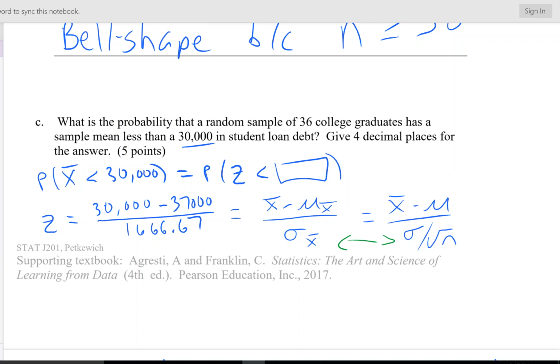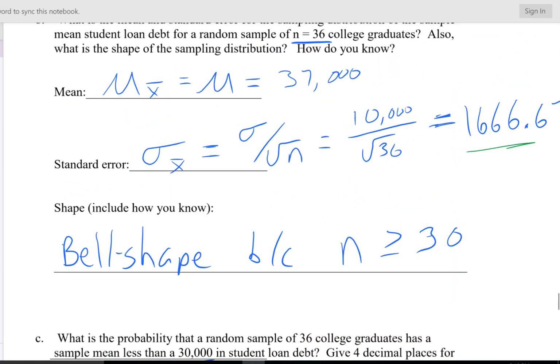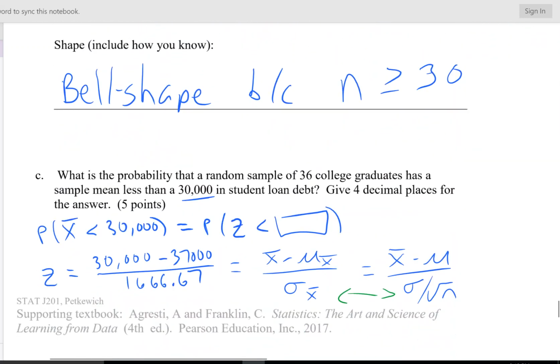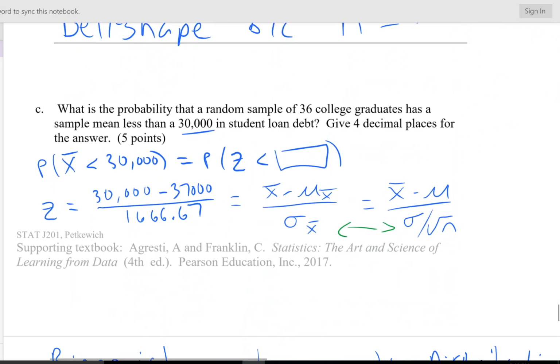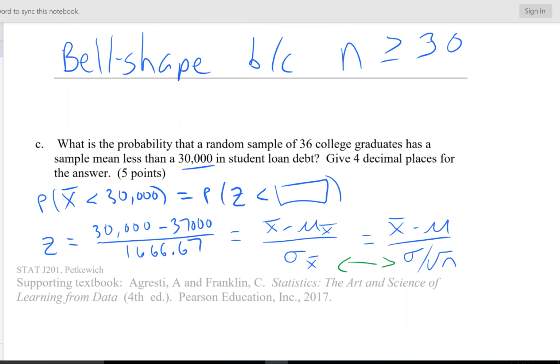And we already calculated that. We already did that right here. So I don't have to go through all that again. I just need to figure out what this value is now. All right, and so this is negative 4.20. That's what I want to find.